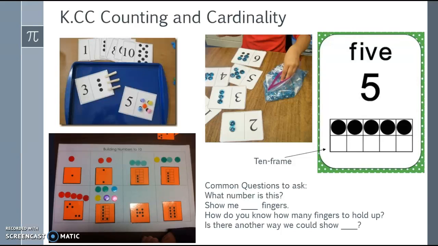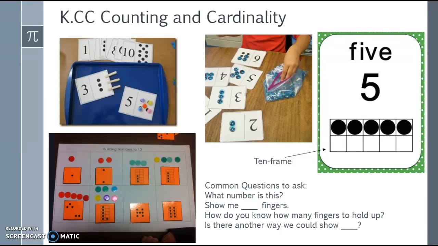So some common questions you might ask students: what number is this? Show me this many fingers. How do you know how many fingers to hold up? Is there another way we can show, for example, the number 5?